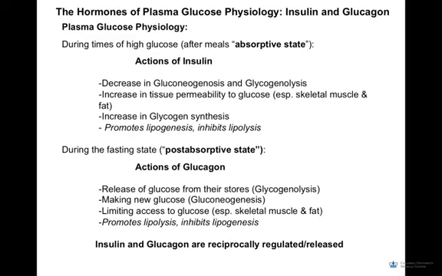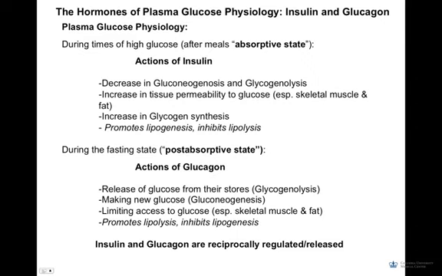They are what we call reciprocally regulated and released, meaning that the presence of one hormone strongly inhibits the presence of the other. And these two hormones have completely opposite sources of stimulation. So the stimulus for insulin release is the opposite of the stimulus for glucagon release. When glucose levels rise, insulin is stimulated.